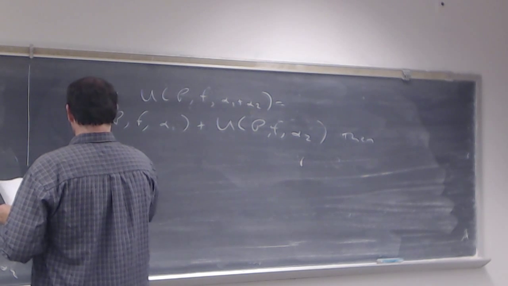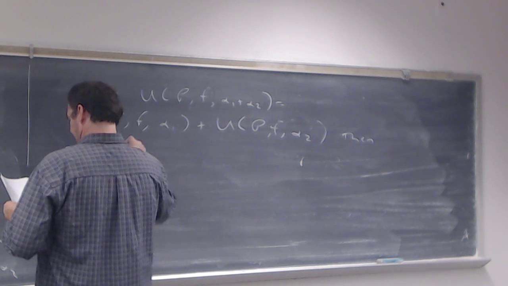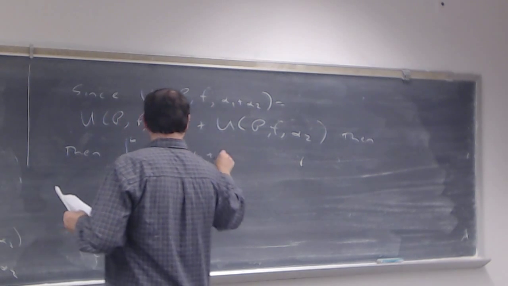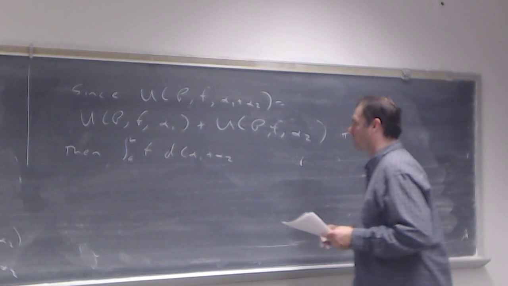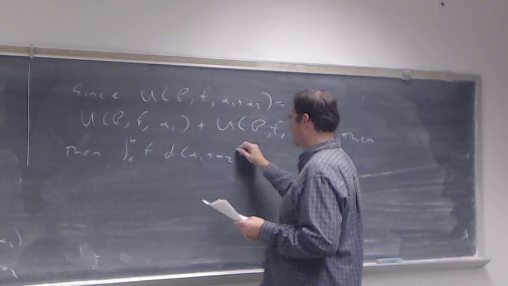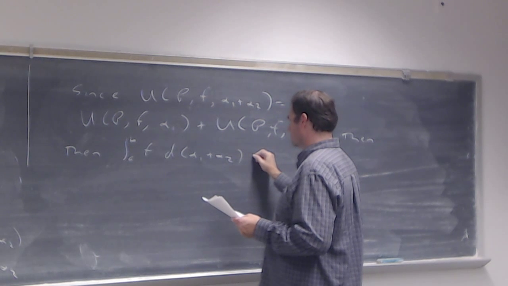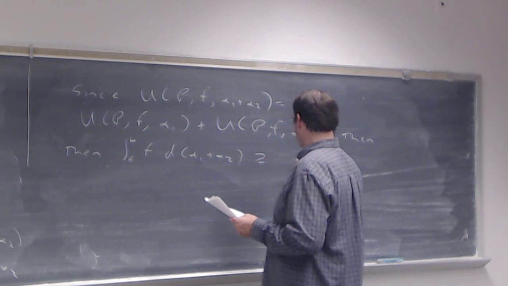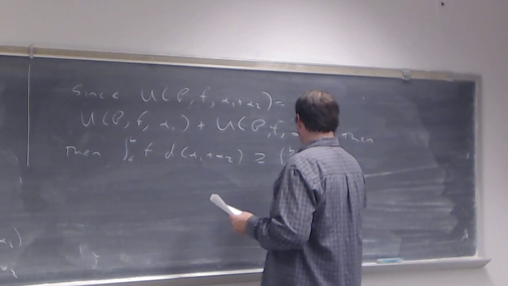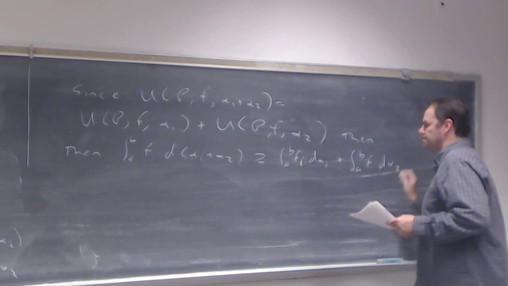So that says that the integral from a to b of f d(alpha sub 1 plus alpha sub 2) is going to be greater than or equal to the integral from a to b of f d alpha sub 1 plus the integral from a to b of f d alpha sub 2.